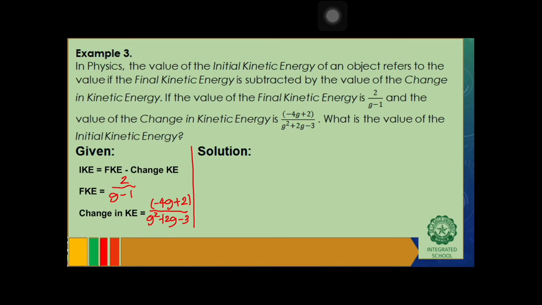For our solution, you simply need to substitute the two values in your formula. So for the value of the initial kinetic energy, you end up having 2 over g minus 1 subtracted by the given change in kinetic energy, which is negative 4g plus 2 all over g squared plus 2g minus 3.